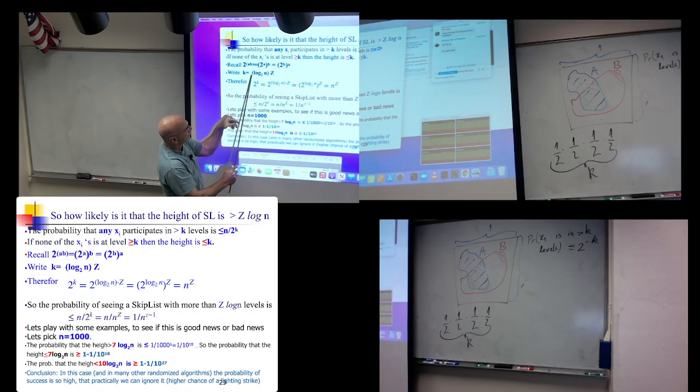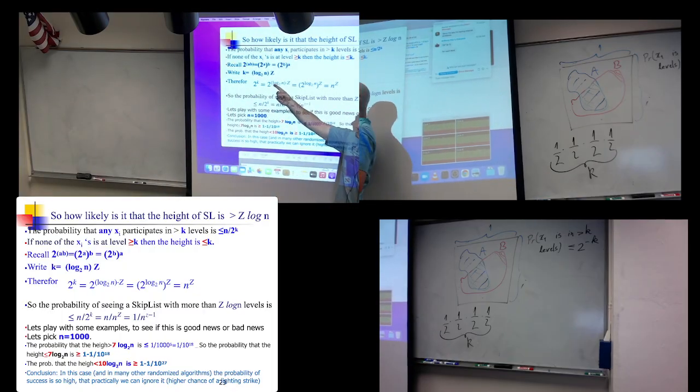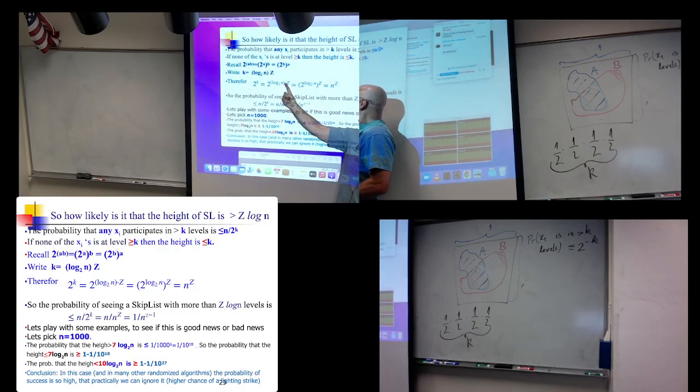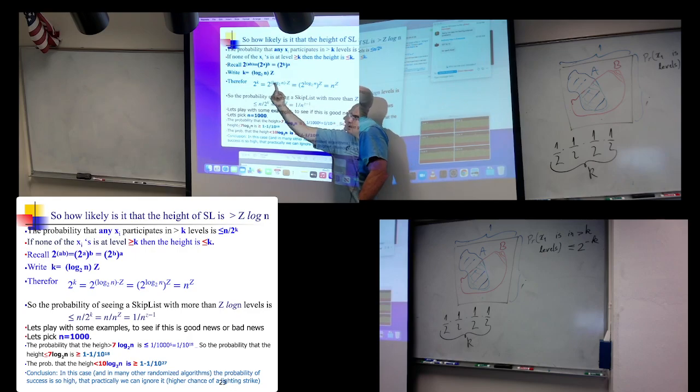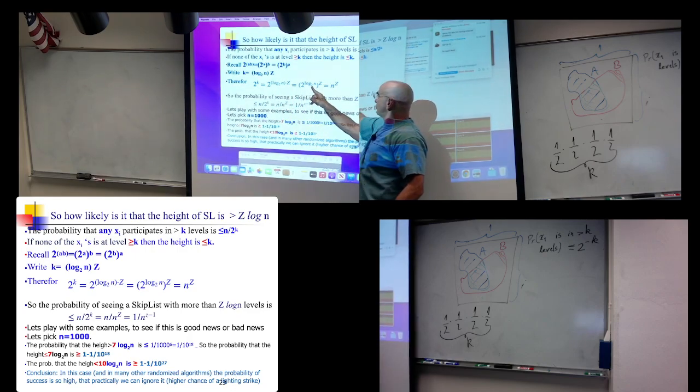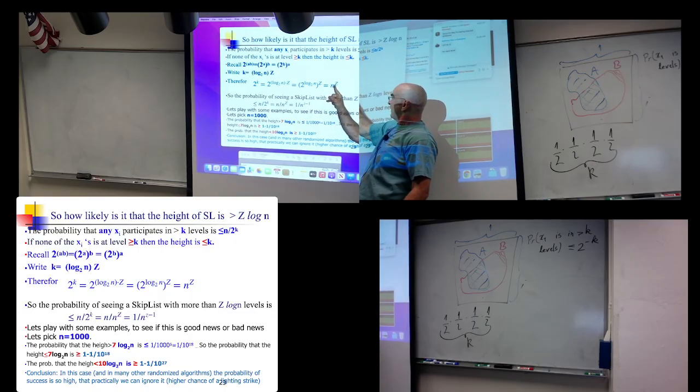K will be log to the base 2 of n times z. So what is 2 to the k when I write k as log n times z? It's 2 to the power of log n times z, which is switching the z and the log n. You have 2 to the log n, all of it to the power of z, which is n to the z.